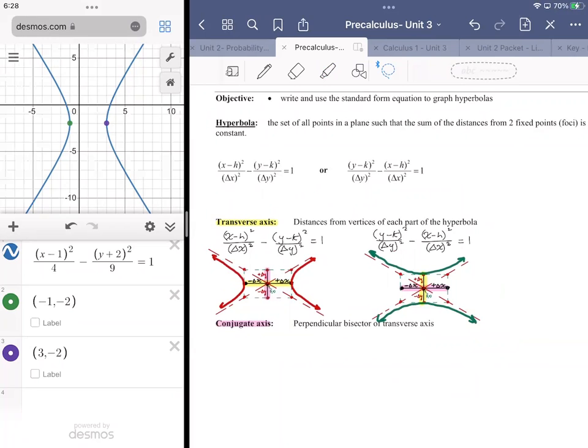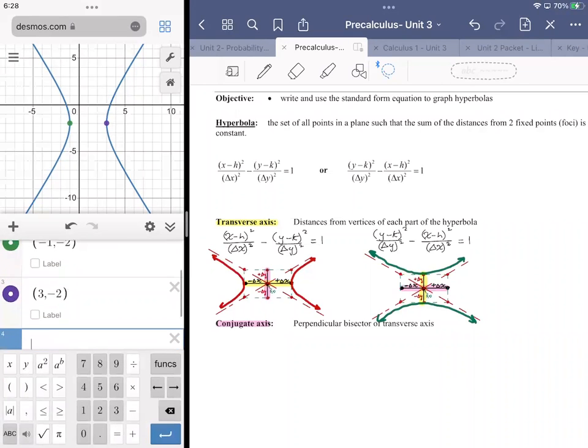So, a quick Desmos look at that. Let's say I just took the information that was in the first equation and swapped the x information with the y information.